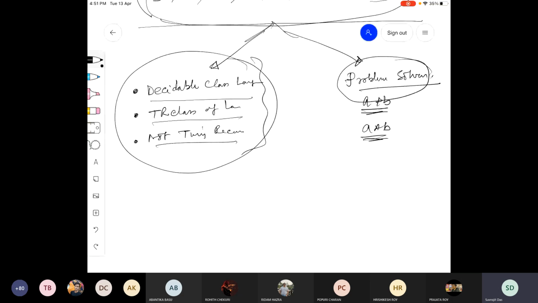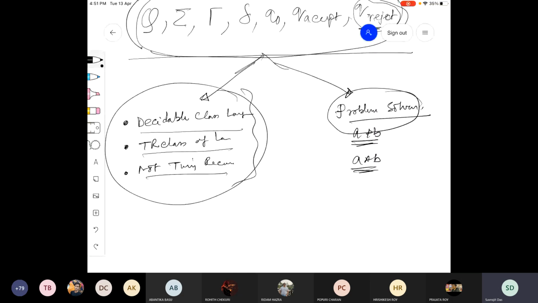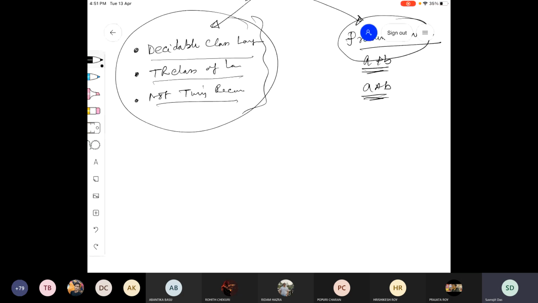Now, having defined the Turing machine model and accepting the fact that it is the most generic model of computation, by decidable languages, we mean that when we present a string W as input to the Turing machine, the Turing machine should always halt.